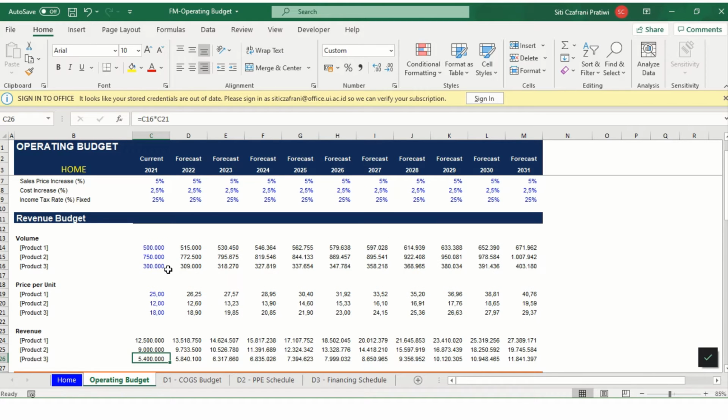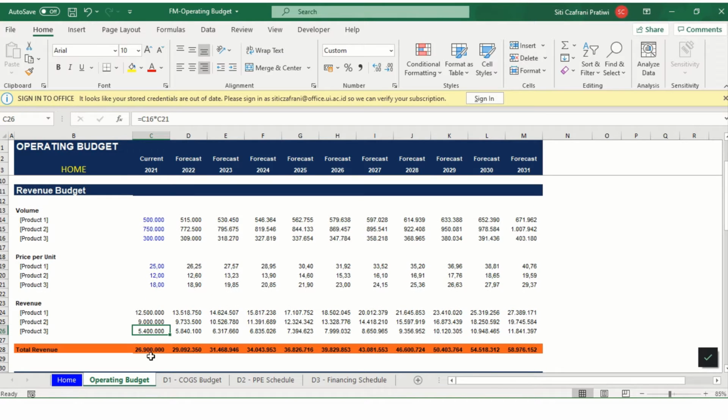After you have the revenue, you can calculate the total revenue for the whole year by summing up the revenue from the first, second, and third product and dragging to the right. We can simply use sum here. Okay, so that's the revenue budget.